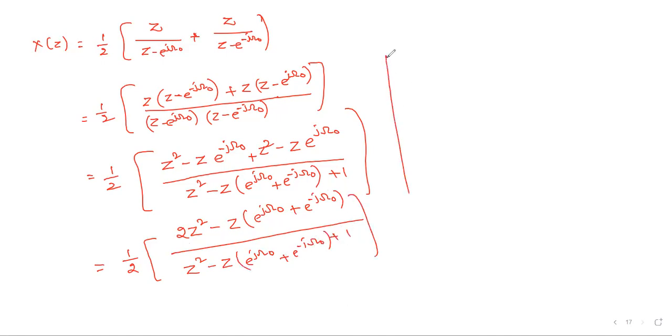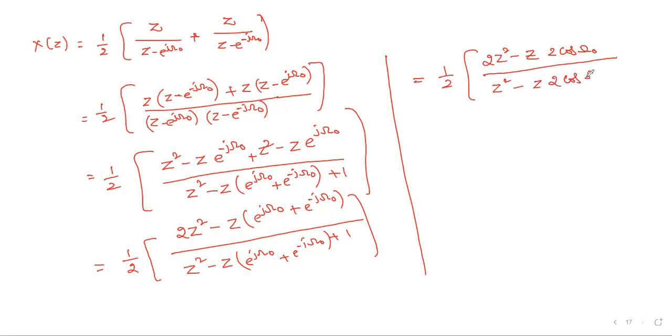Now if you simplify this, 1/2 into 2z² − z into (e^{jω₀} + e^{−jω₀}), which becomes 2 cos ω₀, divided by z² − z·2cos ω₀ + 1.